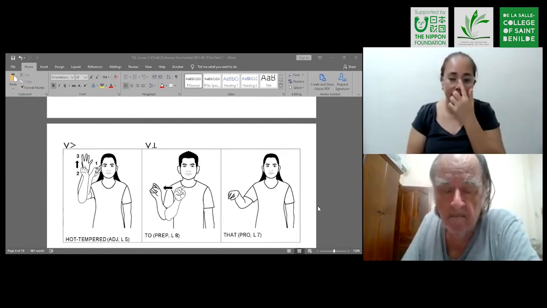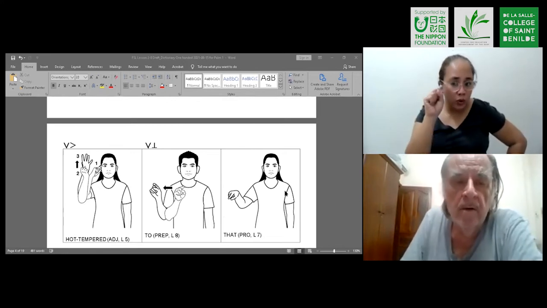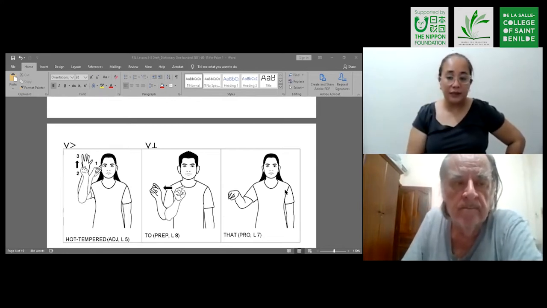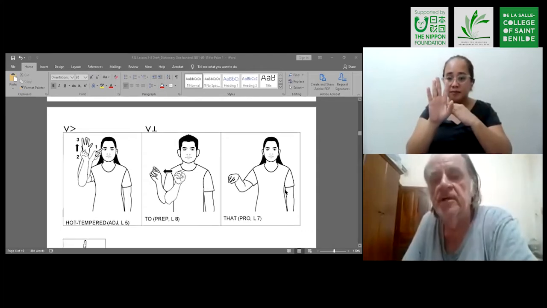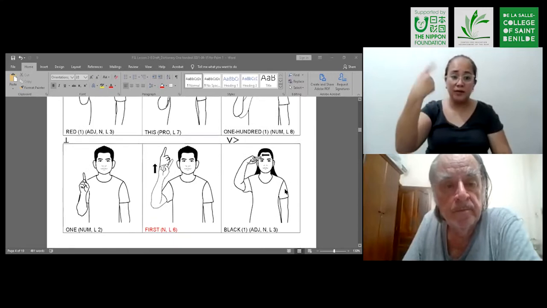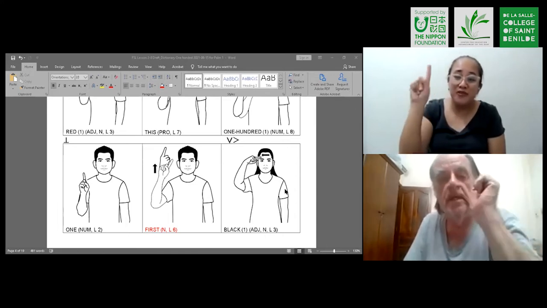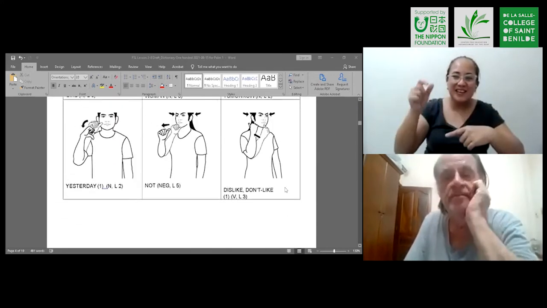Downward. Yes, downward. Okay, so let's go back up to the very first sign. Red. No, that's with the S hand shape.